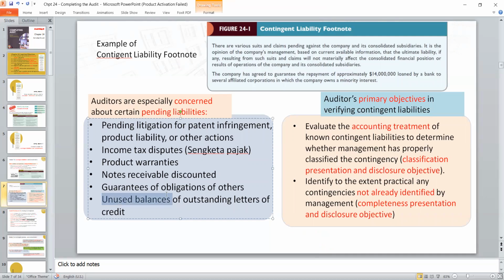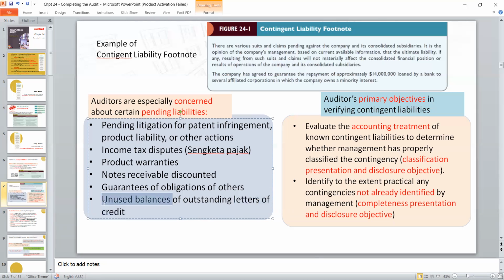And this LC has an issue if the LC itself has an unused balance. So there is still a balance in the LC. LC is kind of like an agreement, a contract for some events, and the events may be unfinished, not finished yet.